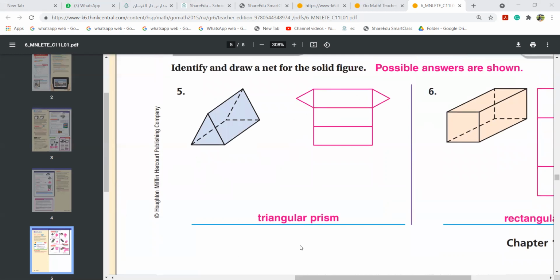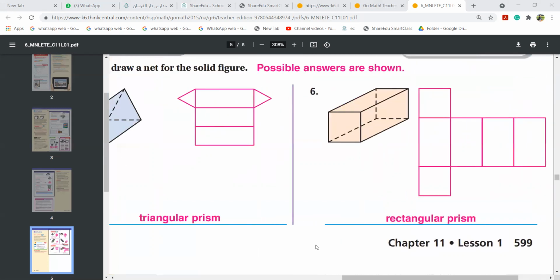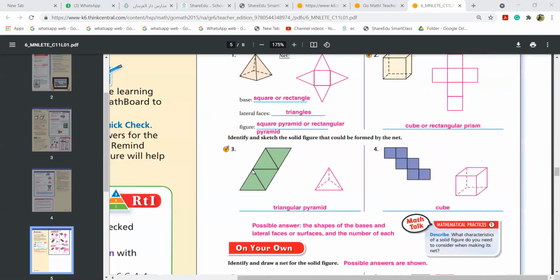It's a triangular prism. By looking at the shapes, you remember that this is a rectangular prism, this is a triangular prism, this is a pyramid, this is a cube, this is again a pyramid, and this is a cube or rectangular prism. All right, girls?